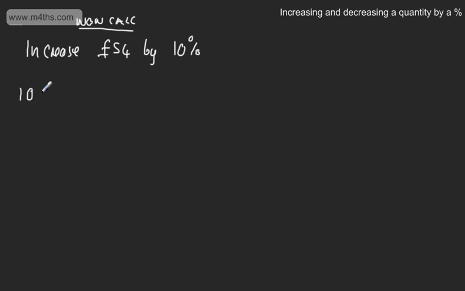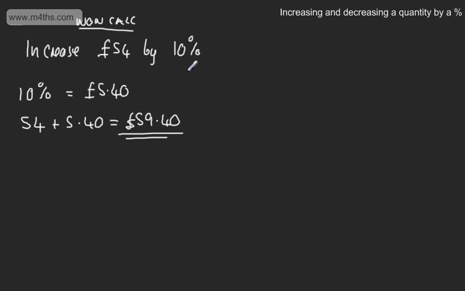So we know that 10% is going to be equal to £5.40. All we're doing is dividing 54 by 10. Therefore, an increase of 10% would be the original, which is 54, plus the £5.40, and that would now give us a total of £59.40. So if we want to increase a quantity by a given percent, we find that percent and add it on.